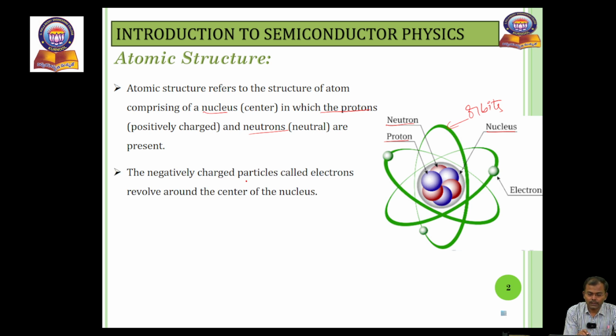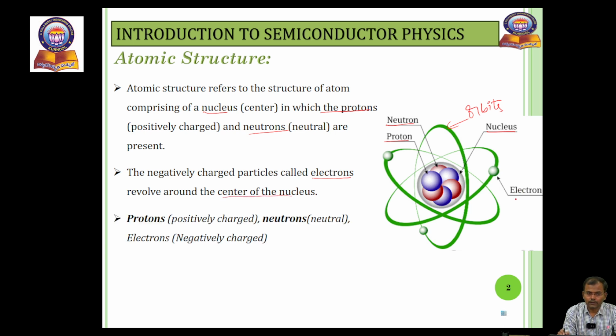The negatively charged particles are called electrons, and they revolve around the center of the nucleus. Protons are positively charged, neutrons are neutral, and electrons are negatively charged. The atomic weight of any atom is considered as the sum of the number of protons and the number of neutrons.